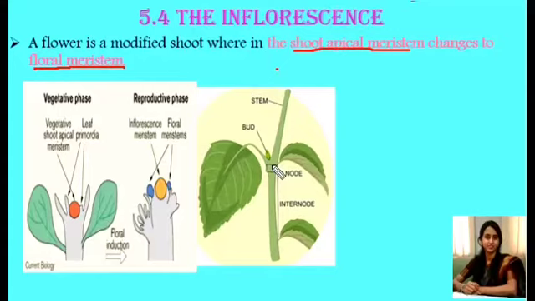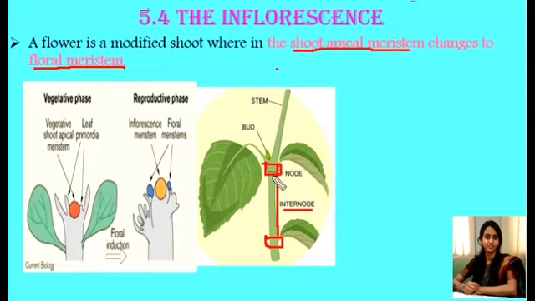A node is a point from where a leaf or branch arises. Then what is an internode? The distance from this node to this node. Here it is a node, a point from where a leaf arises, and this is another node. So the distance between 2 successive nodes is known as the internode.